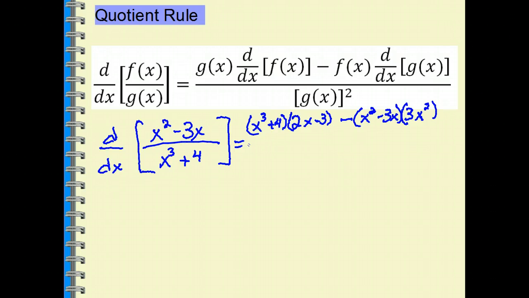It's 0. Okay, now the bottom is simply just g squared. We want to square that bottom function, and in this case that'll give us an x to the 6th plus 8x cubed plus 16. Okay, that's just expanding the binomial of x cubed plus 4, quantity squared.